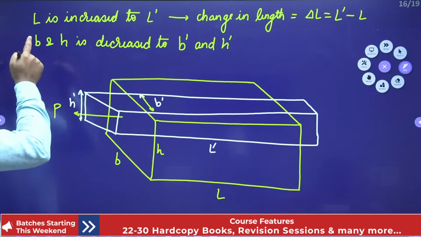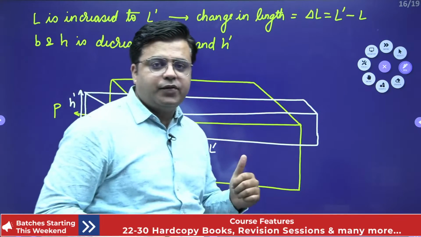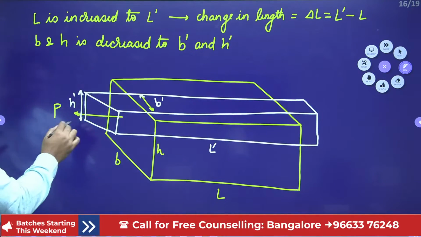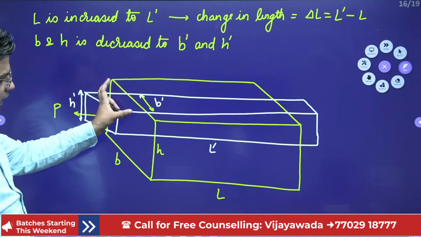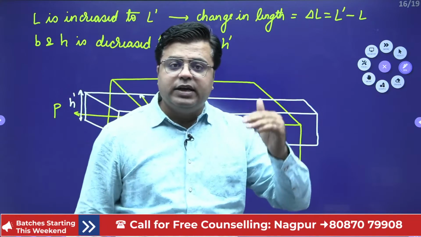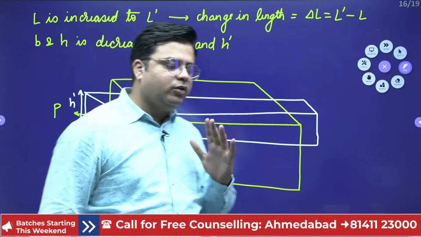So we can also write the change in width and the change in height. The change in width or change in height corresponding to this loading is termed as the lateral strain. So what is lateral strain? Lateral strain is change in width per unit width or change in height per unit height.